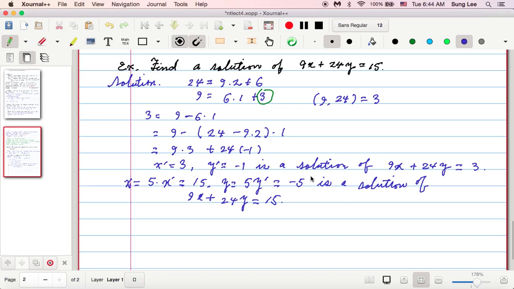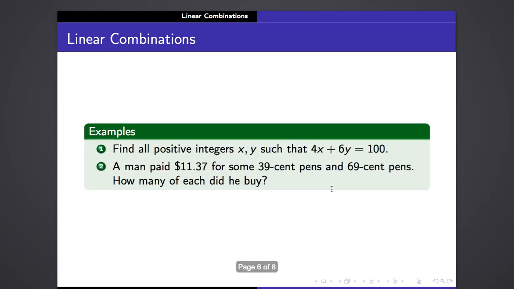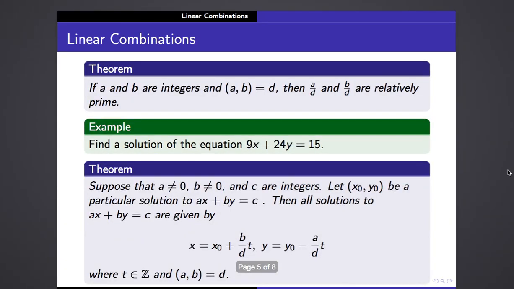So how do we find all the solutions of this equation? That's the big question, and that's what I'm going to talk about next. Here's a theorem.